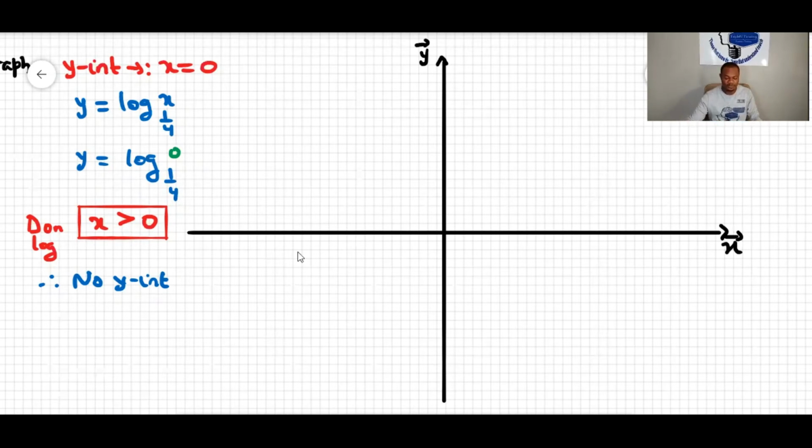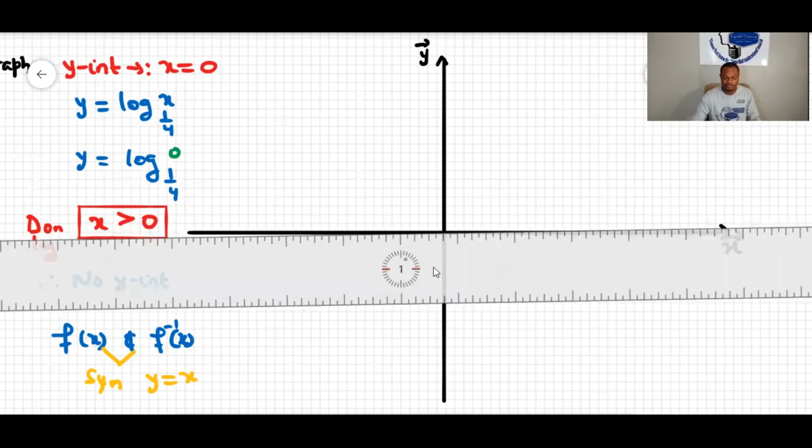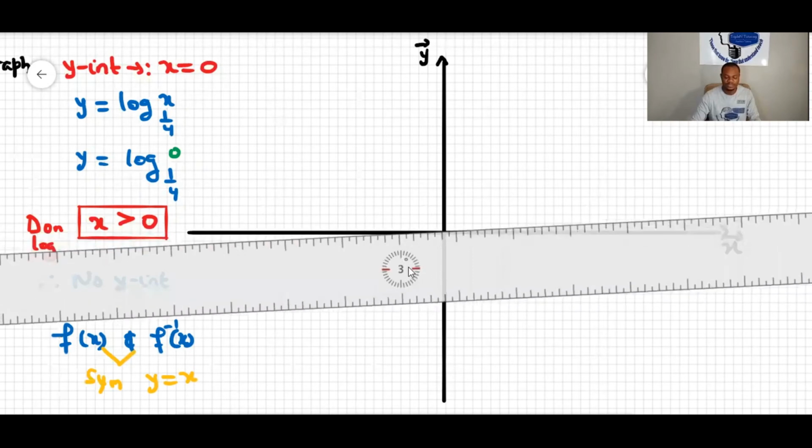Okay, I know that f of x and f minus 1 of x are both symmetrical on the line y equal x. Okay, on this line here. I'm going to draw the line y equal x.